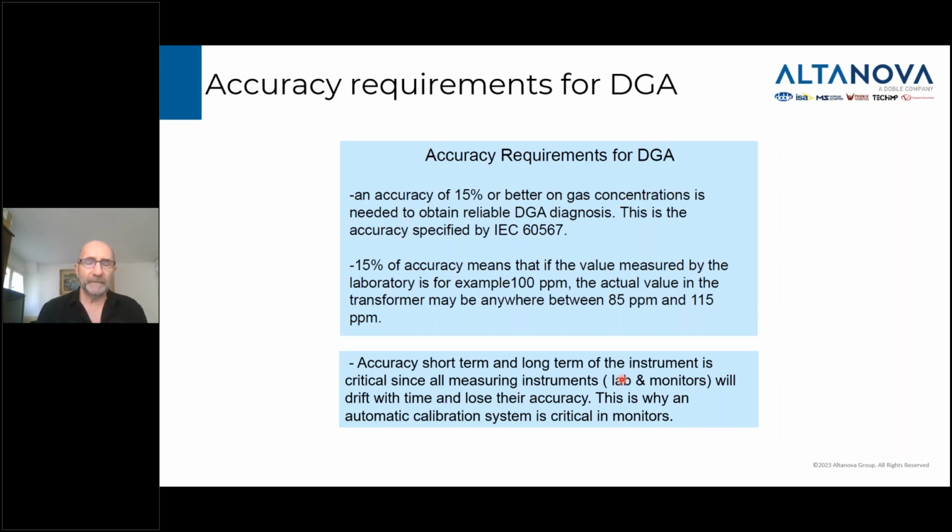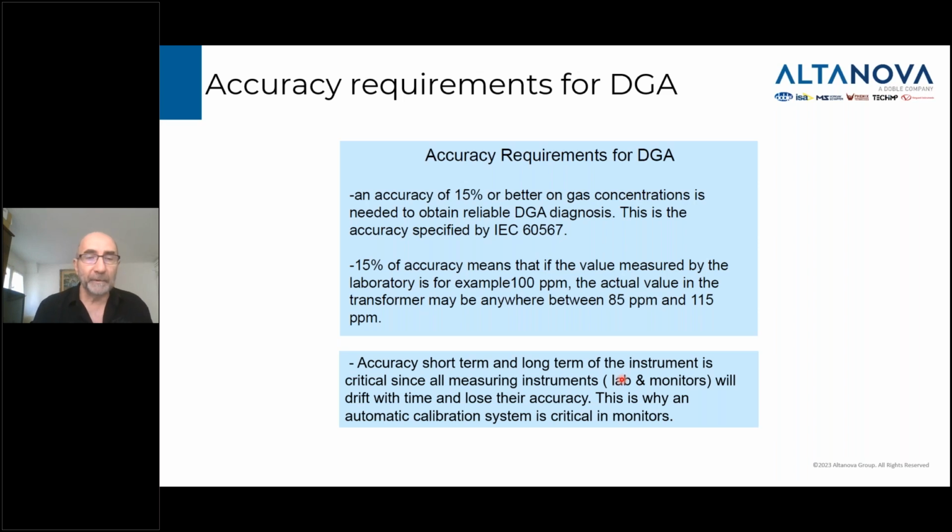You have to look at accuracy short-term and long-term for any instrument. Short-term, because that's when your equipment is brand new, so you know what accuracy the system is going to deliver. And long-term, because as the system ages, the electronics start aging, the detectors start aging, the extraction system is getting old, and you start losing accuracy.